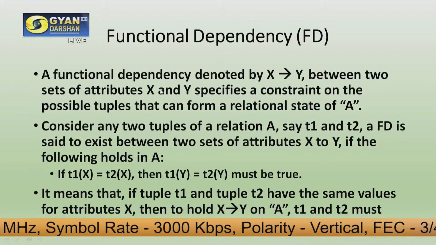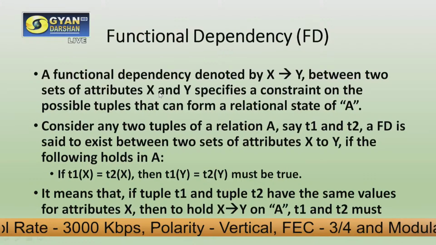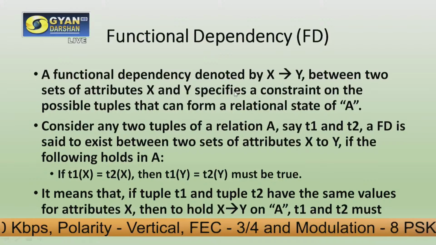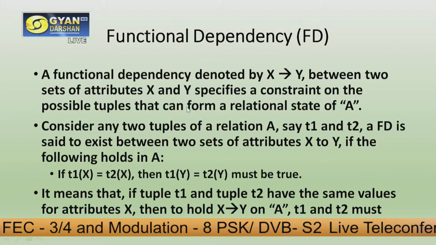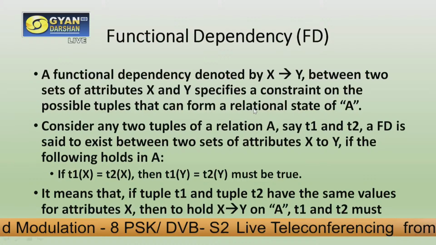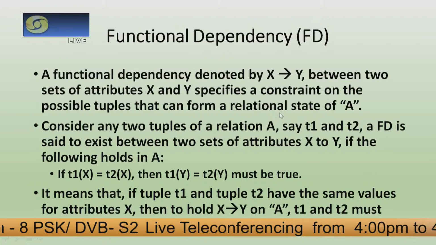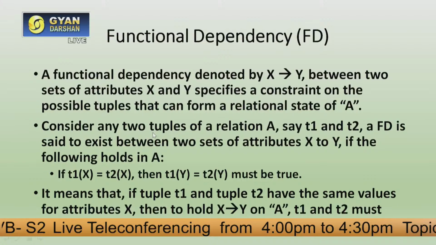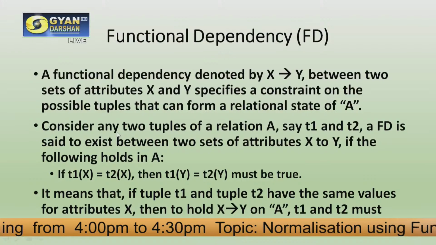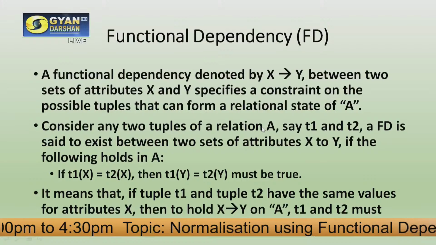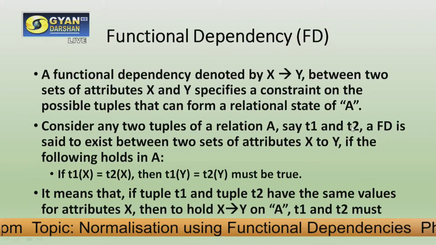Remember what we have said, two sets of attributes. X and Y are two sets of attributes which specify a constraint on possible tuples that can form a relational state of A. So that is the technical definition. And a slightly lenient definition is: consider any two tuples of relation A, say T1 and T2.